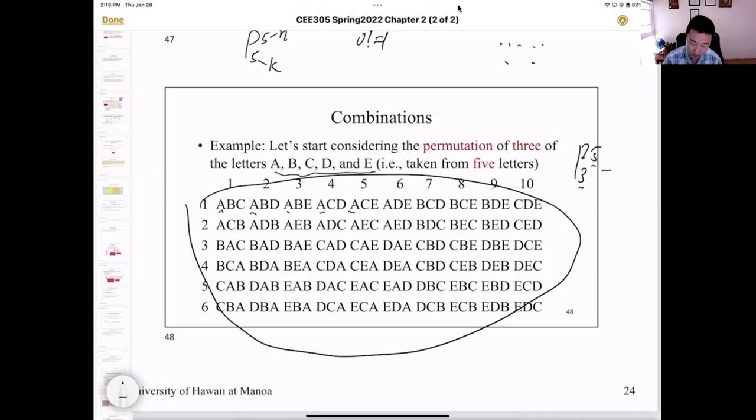P(3, 5) will be factorial of 5 over factorial of 5 minus 3. So we have a total of 60 different ways.